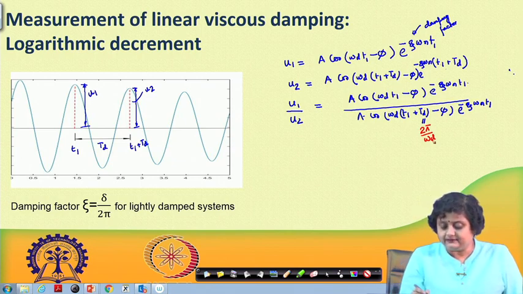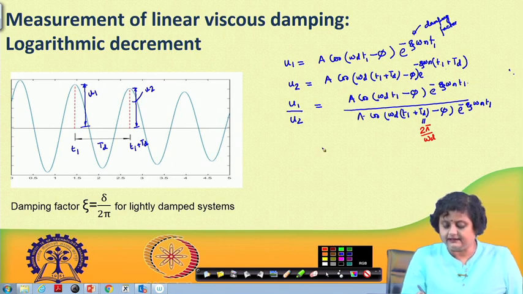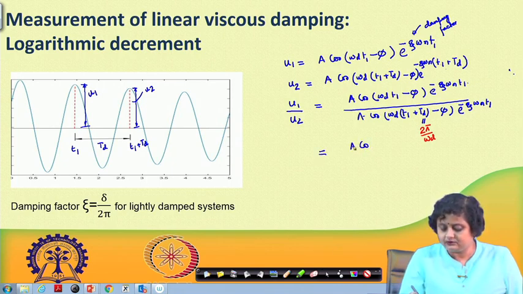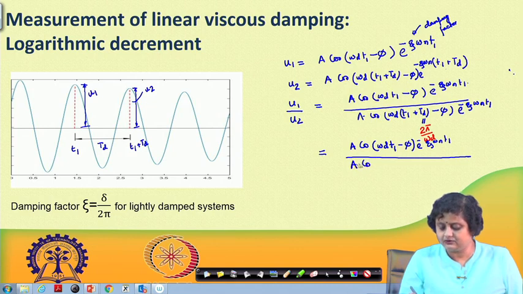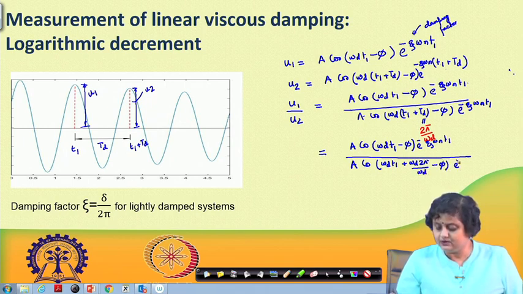So, this equation can therefore be written as A cos(omega d t1 minus phi) into e to the power minus zeta omega n t1, divided by A cos(omega d t1 plus omega d into 2 pi by omega d minus phi) into e to the power minus zeta omega n (t1 plus Td).